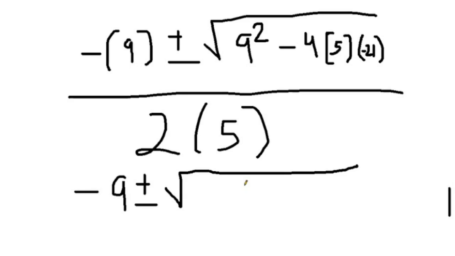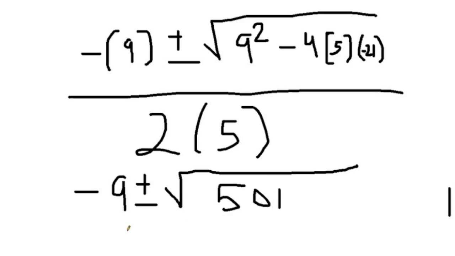I'm going to type in 9 squared minus 4, then parentheses 5, and parentheses again, negative 21, and you get 501.